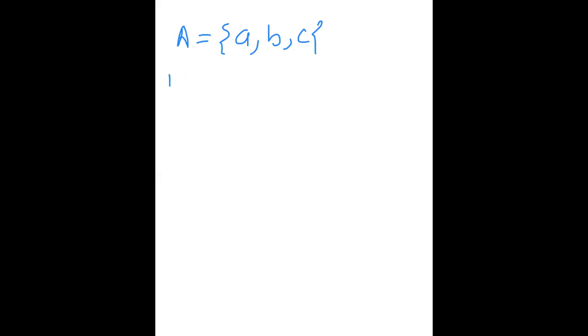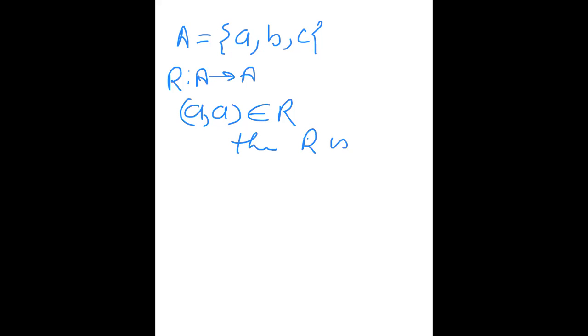And the relation R is from A to A, meaning domain and range both will be from set A. Now if (a, a) belongs to the relation for every a belonging to set A, then the relation is reflexive.